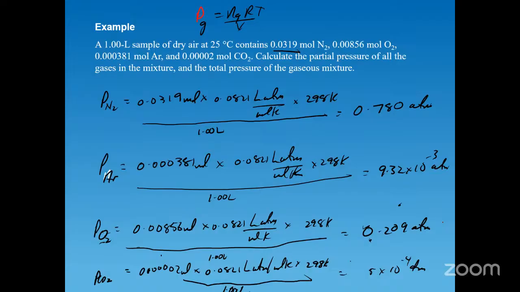So according to my calculation, when you add these together, you're going to get basically 1.00 atmospheres. And that's it. Okay, so that's basically how that is done.